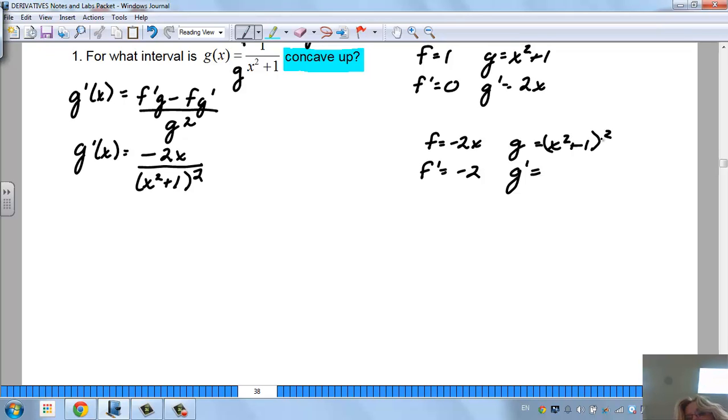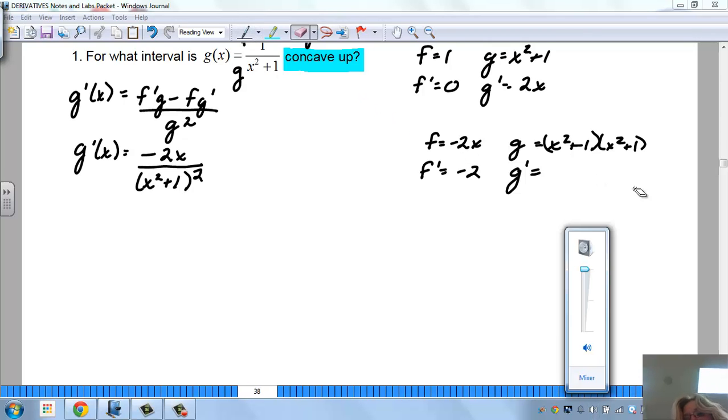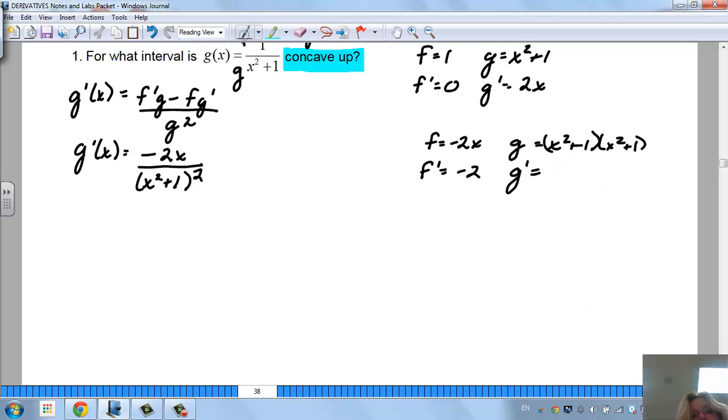So if I did this side by side and did x squared plus 1 again, now I have, if I'm multiplying this out, x to the 4th plus x squared plus another x squared, 2x squared plus 1. Now I should actually, this is not g prime, that's just g. Now g prime is taking the derivative, is 4x cubed plus 4x.